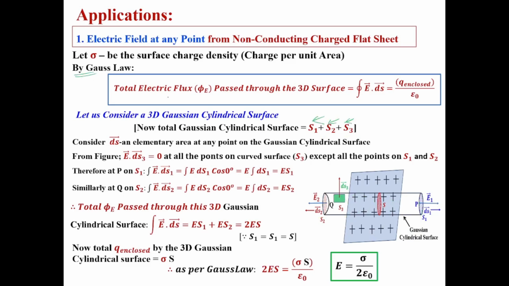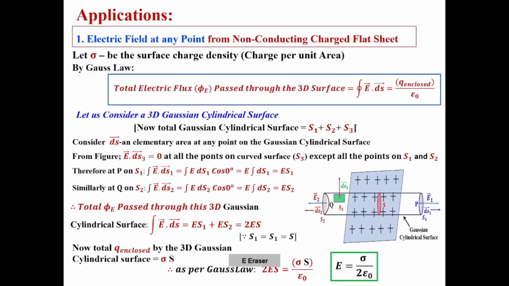According to Gauss law, the total electric flux passed through the 3D Gaussian surface, mathematically E dot ds, will be equal to the charge enclosed by epsilon 0.